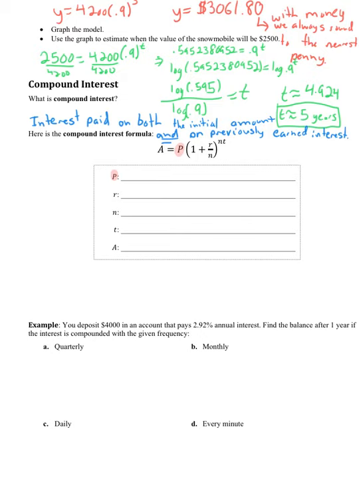We start with P. That's the principal or the starting value or the initial amount. All right, that's always going to be the same thing. It's the number that's outside the parentheses. R, that's the interest rate again. Well, in this case, it's going to be the annual rate.